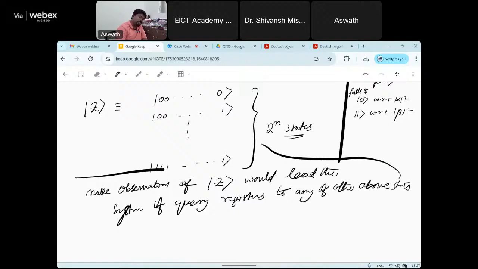What are these states? Anyone, or it can be a combination of all of them.